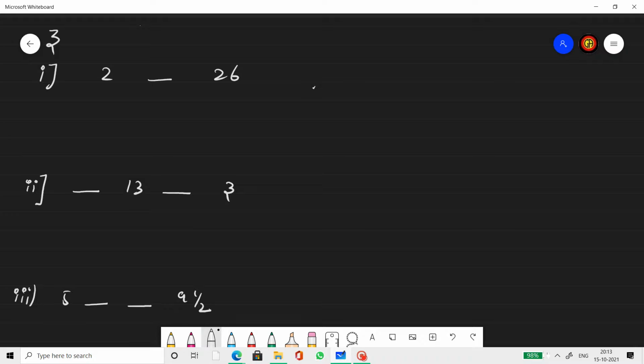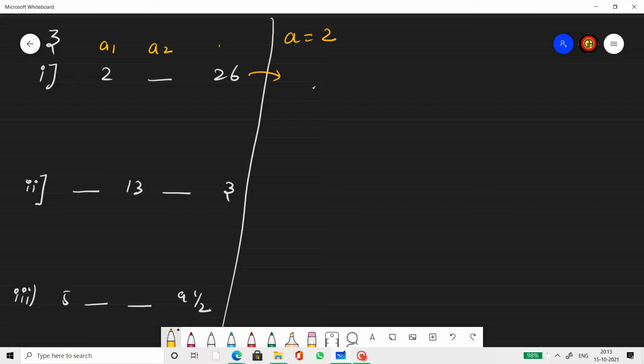Third question from the same exercise: A is given, the second term is missing, the third term is given. There are multiple ways to do it, but I'm going to take a different route. A is given, so A is equal to 2. If this is the first term, the second term is missing, the third term we know, so A3 equals 26.